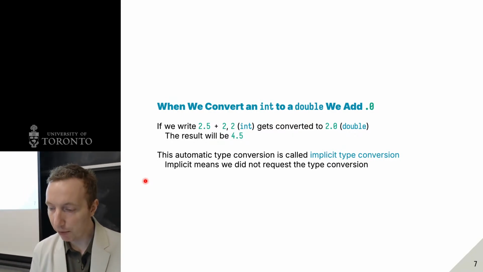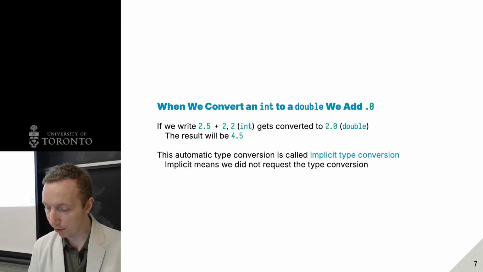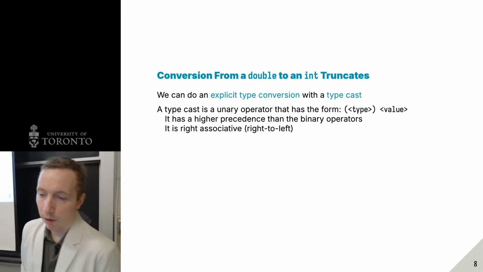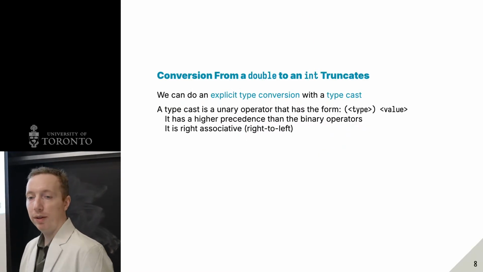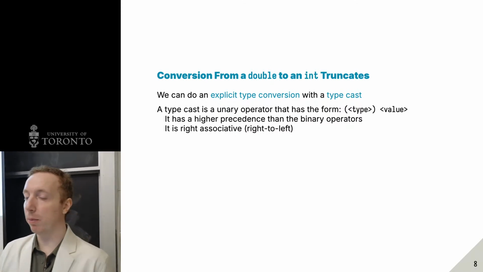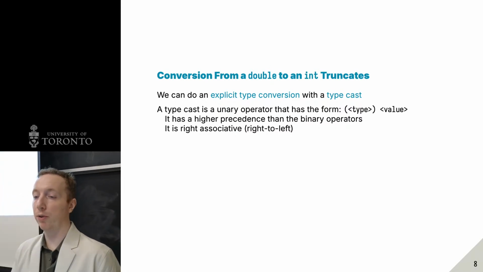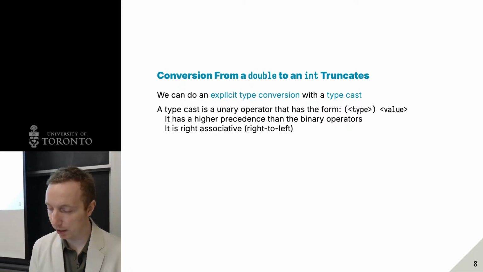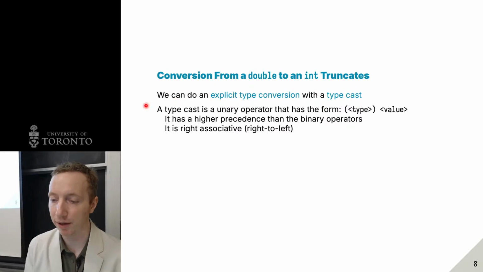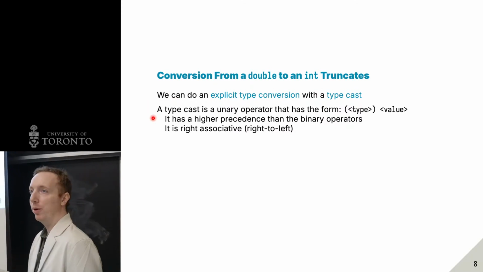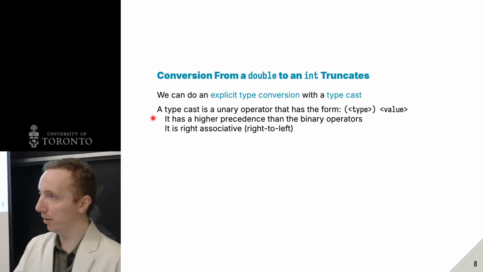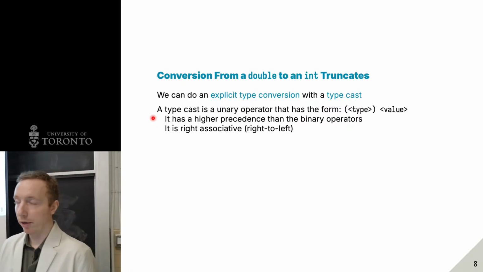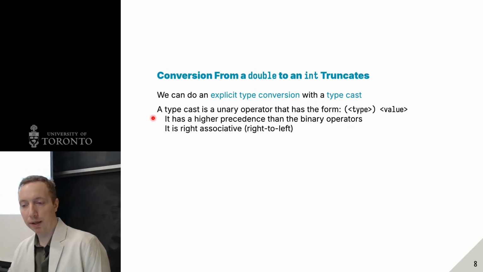So if I want explicit type conversion, I can explicitly do it, and conversion from a double to an int just truncates. So I can do explicit type conversion with something called a typecast. A typecast is a unary operator. Unary operator means it just takes one argument, just like an exponent or something like that.